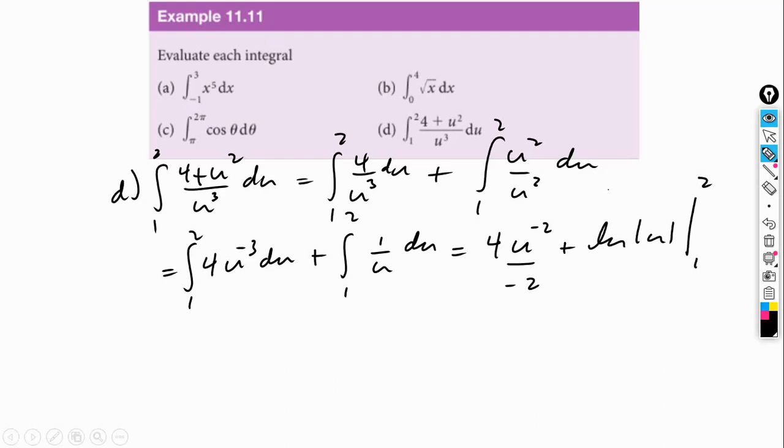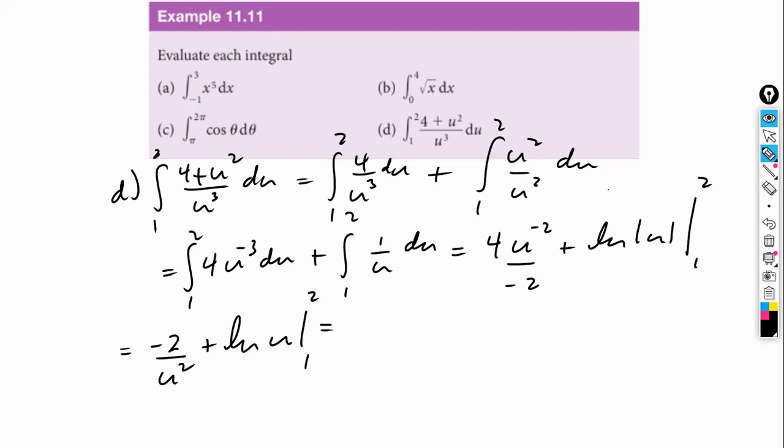So notice that here we're going to get negative 2 times u to the minus 2. Or actually, let's rewrite it as negative 2 over u squared, plus the natural logarithm of u. And because we don't have any negative values, we can forget about the absolute value. So this from 1 to 2.